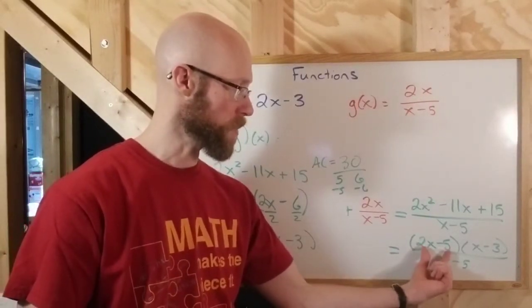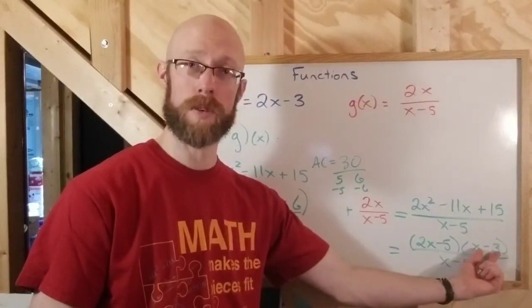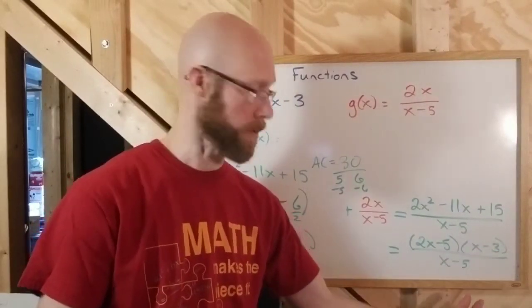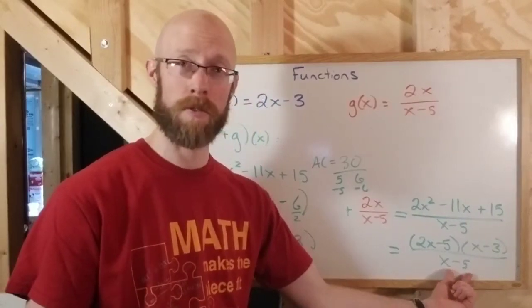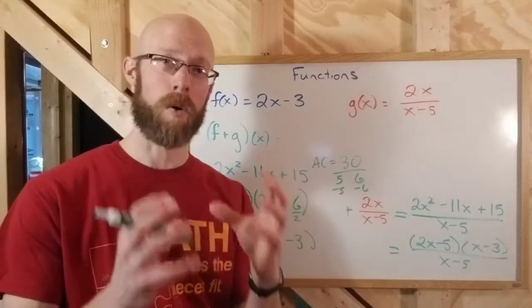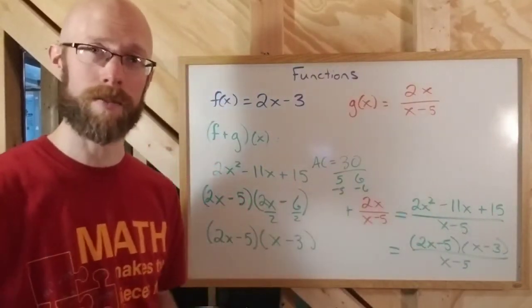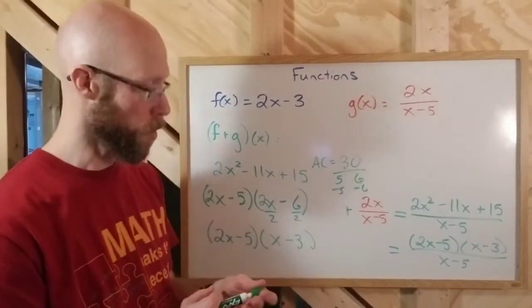So 2x minus 5, that whole factor does not show up on the bottom. X minus 3, that whole factor does not show up on the bottom. And x minus 5, that whole factor does not show up on top. Okay? It has to be exactly the whole factor in order to cancel. So here, we're done, simplified. We don't have to factor any further or cancel.